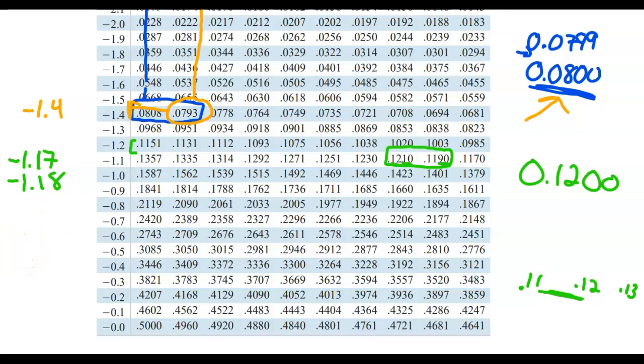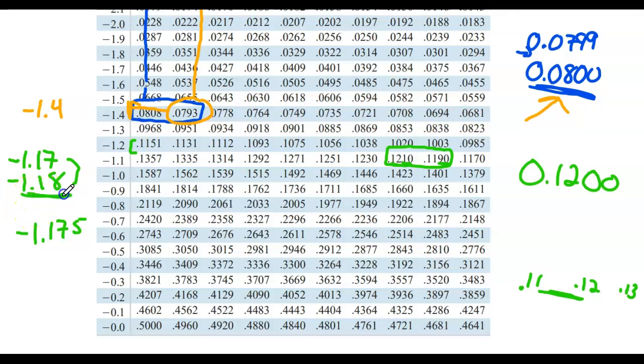Now, each one's a little bit different. What many tend to do is take the average of these two, and so I'd get a negative 1.175. Some just go to the larger value. Some go to the smaller value. So you might want to check, because I know that a lot of them just say round to 2 decimal places.